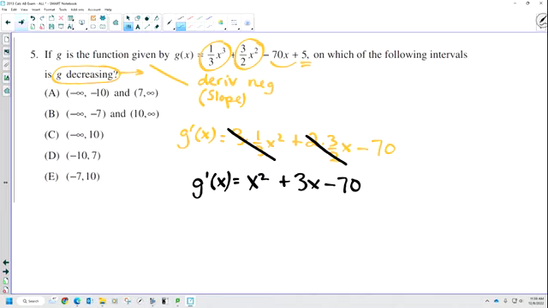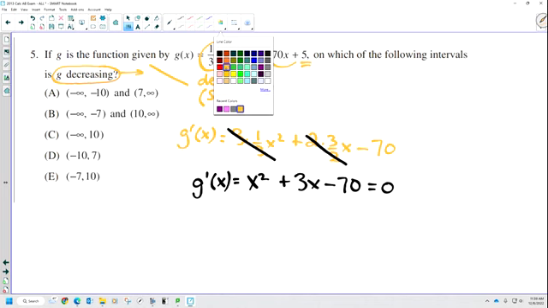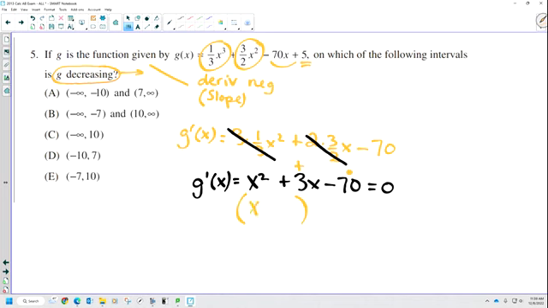If I want to solve for this, set it equal to 0 without a calculator, without graphing it and looking at the x-intercepts, I've got to factor this. Two numbers that multiply to be negative 70 and add to positive 3: it's a positive 10 and a negative 7. Now I need to solve for this.